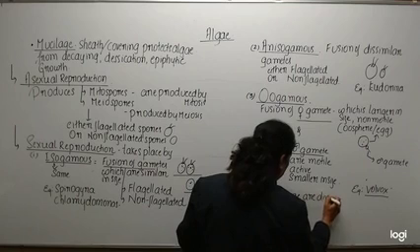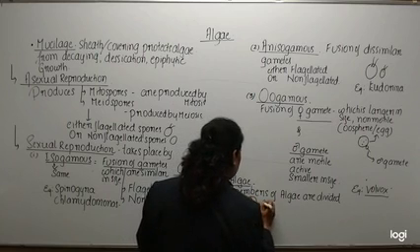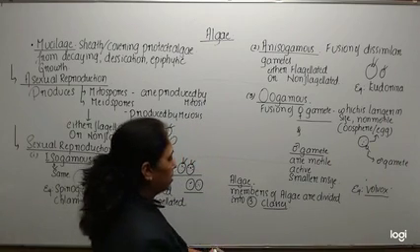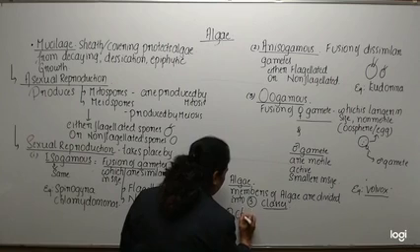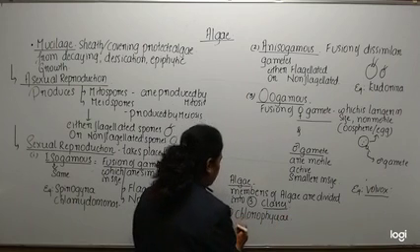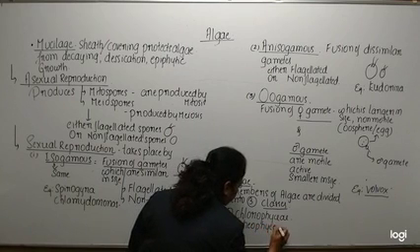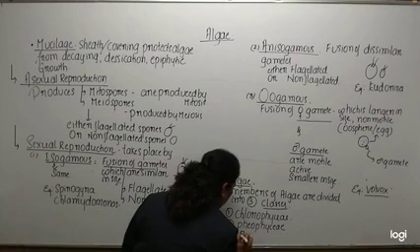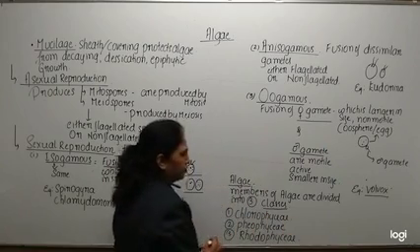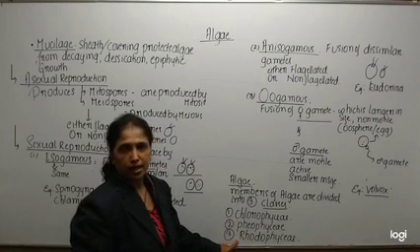These three classes are Chlorophyceae, second Phaeophyceae, and the third Rhodophyceae. Commonly they are called green algae, brown algae, red algae.